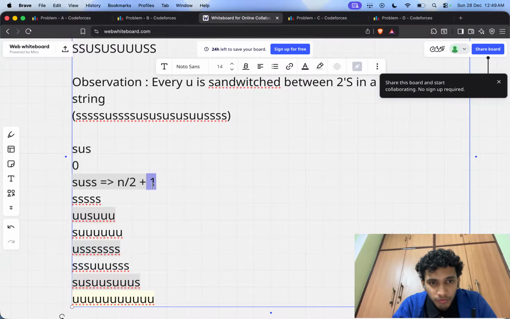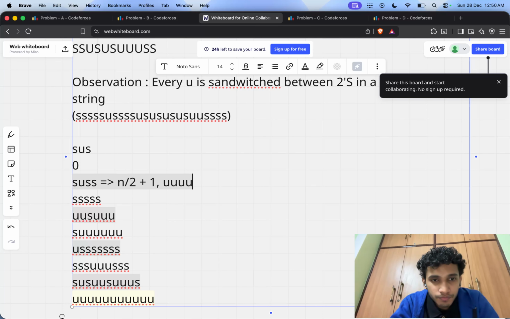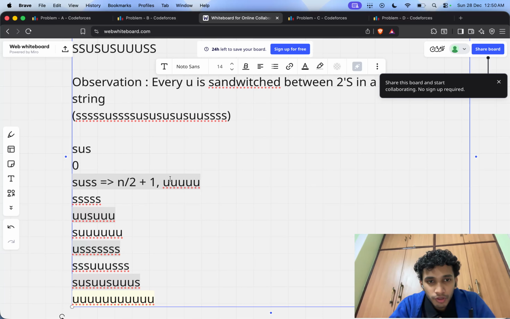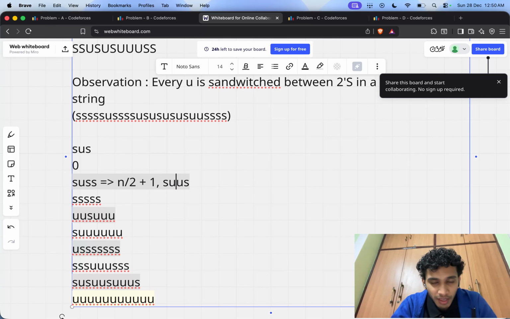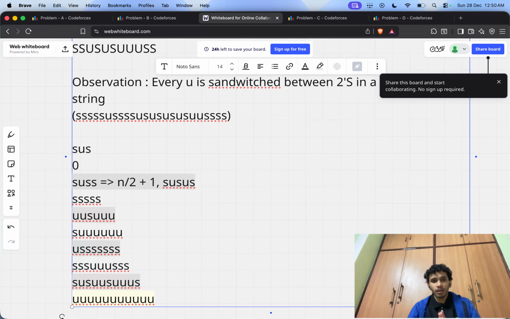So what did we observe? For even it is n by 2 plus 1. Now for odd, let's say there were 5 U's. So we start replacing with the last and the first. Now the remaining consecutive U's is again an odd value. And we need to replace every first, third, fifth, and so on.